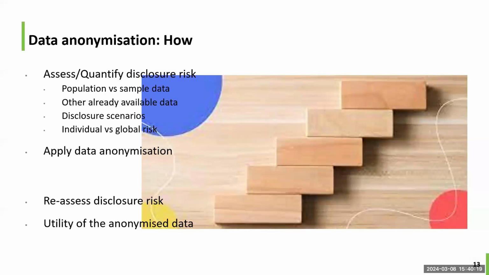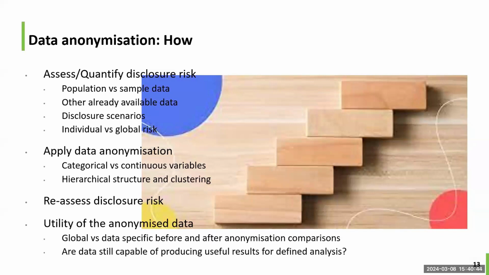So some of the methods we apply at individual level, and then the other ones look at the data set as a whole. When you're applying the anonymization, you want to apply different techniques for categorical versus continuous variables. You also want to take into consideration the hierarchical structure of the data set.